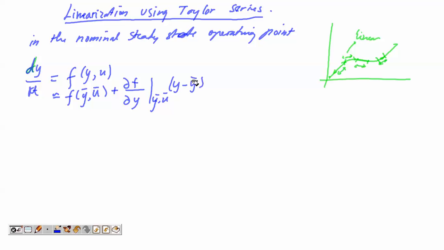Y minus y steady state means the deviation variable, the deviation between current value and steady state value, plus the differential of the function with respect to u at steady state, y bar and u bar, times u minus u steady state.